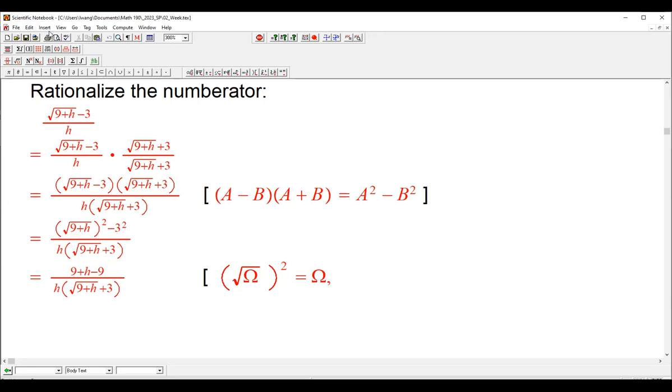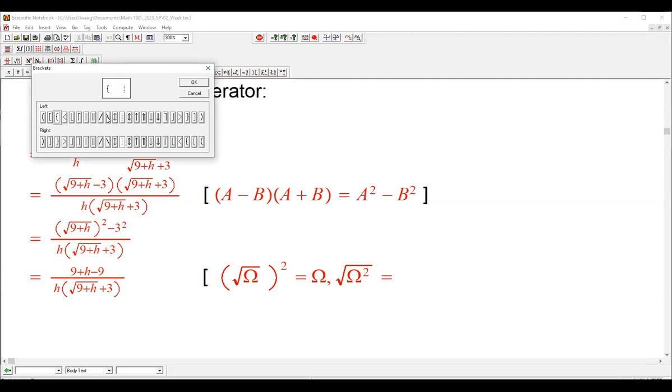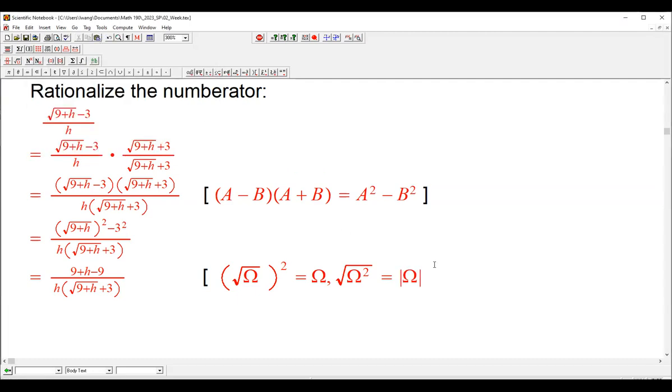However, the square root of omega squared is actually equal to the absolute value of omega. You may wonder why. I'm going to explain this in a minute after we're done with this question.